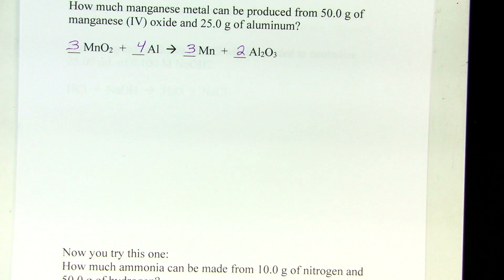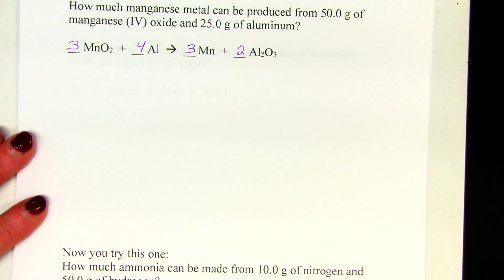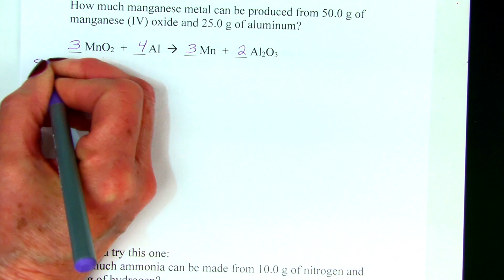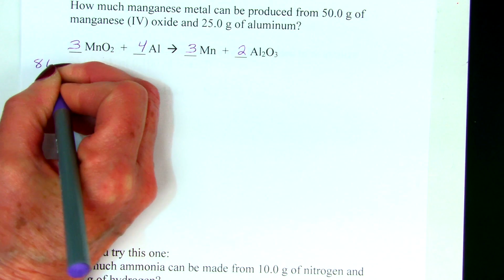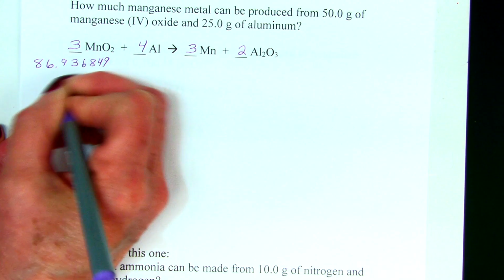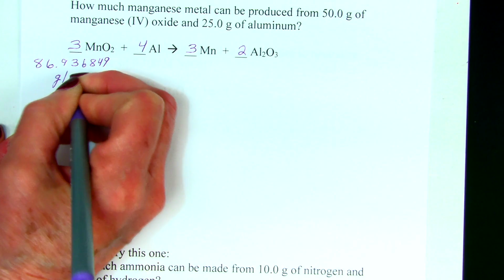Now, I'm asked about manganese metal. I want my answer in manganese metal, and I have manganese dioxide and aluminum. So it means I need the molar masses of all 3 of those things. So the next thing I do is grab my periodic chart. So the manganese oxide, 86.936849 grams per mole.